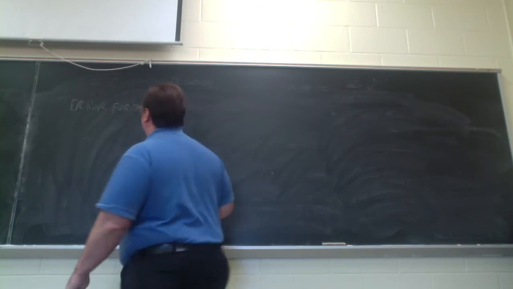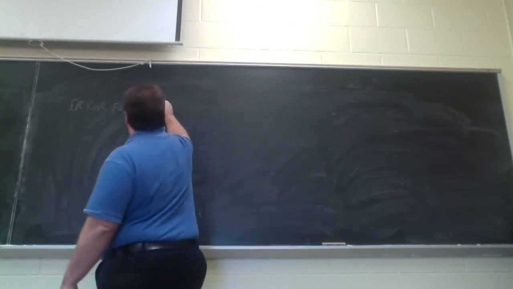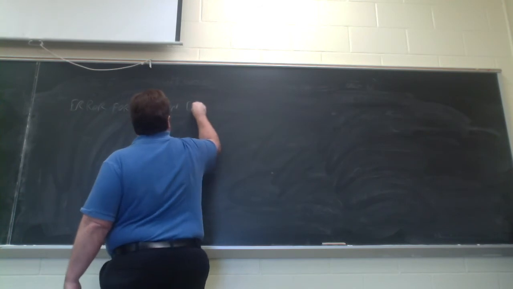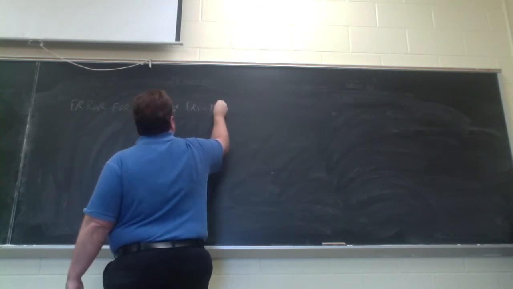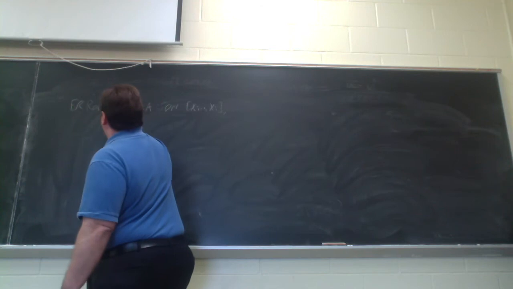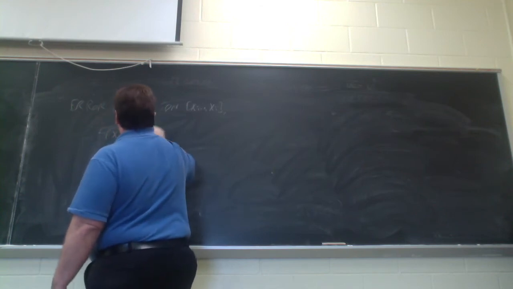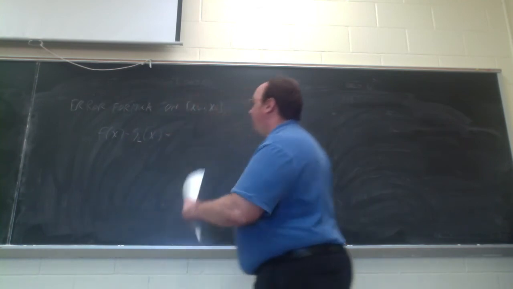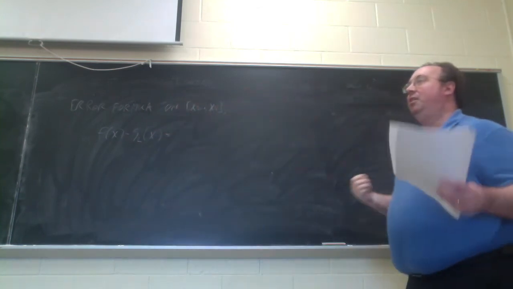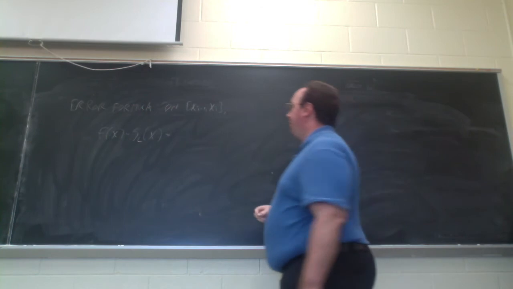Okay, so the error formula. On each piece, we have f minus the linear spline. And what I'm going to put here is just based on what you get from Lagrange interpolation.